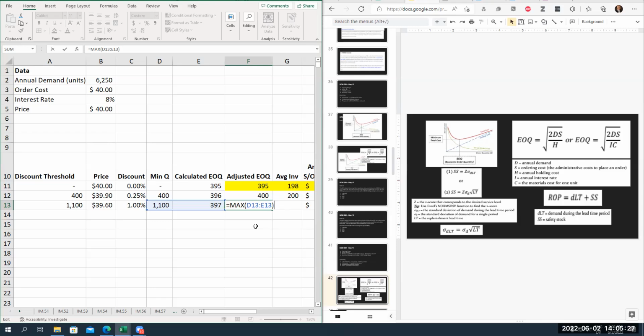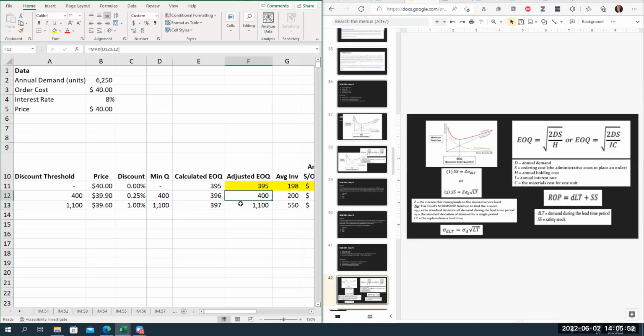So we've calculated the actual EOQ. And in this column, we're adjusting the EOQ simply based on this minimum quantity. Does that make sense? We have to order up to this minimum quantity in order to get that discount. Hey, no worries.